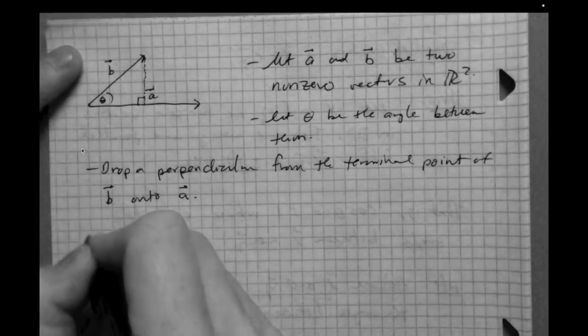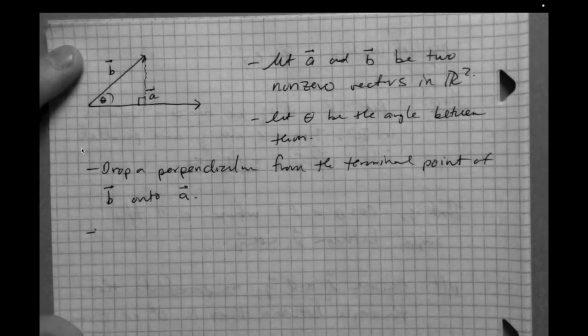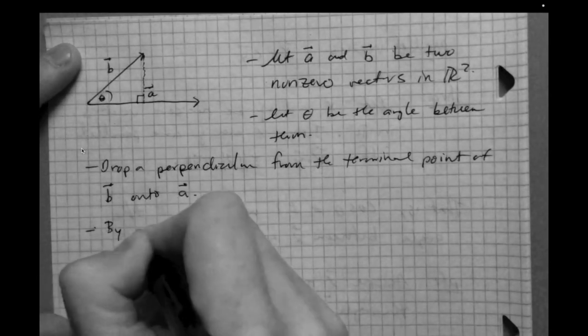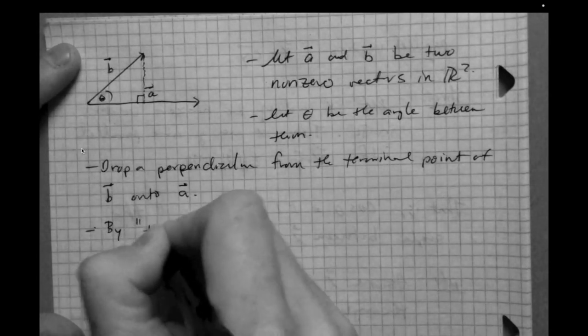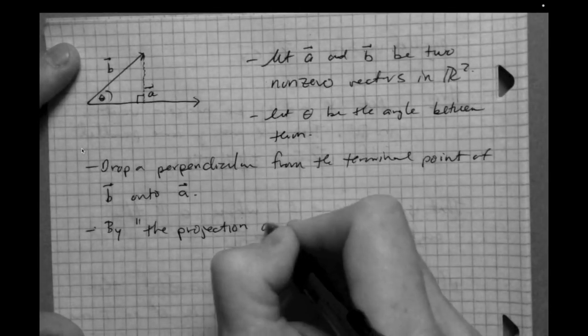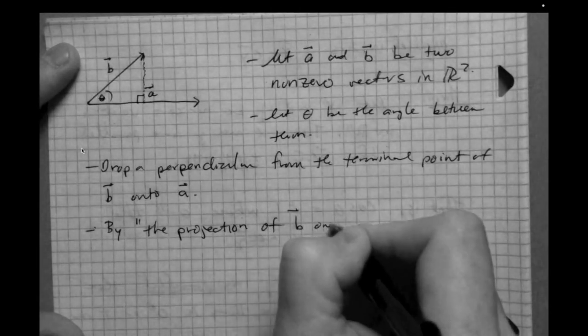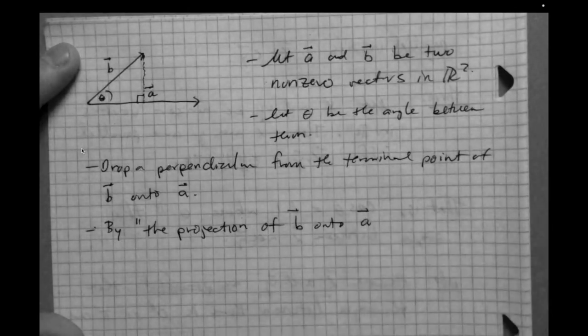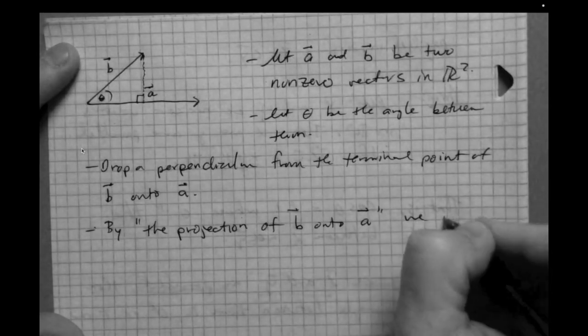Okay. So then, here's the term: by the projection of B onto A, what do we mean?